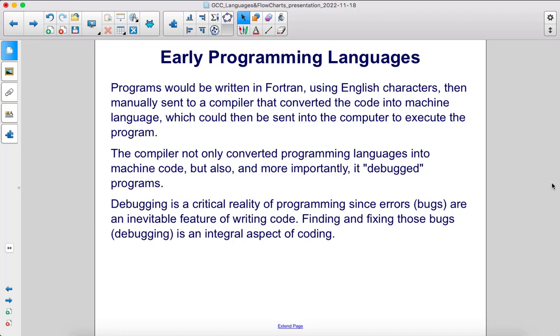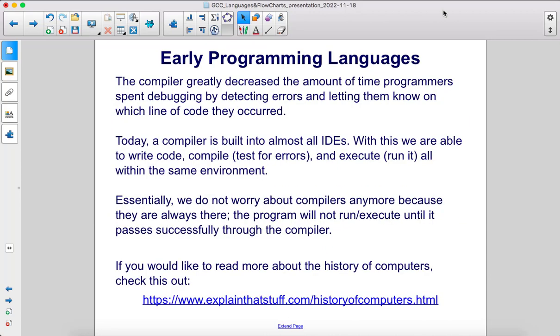Debugging is a critical reality of programming since errors, or bugs, are an inevitable feature of writing code. Finding and fixing those bugs, also known as debugging, is an integral aspect of coding. The compiler greatly decreased the amount of time programmers spent debugging by detecting errors and letting them know on which line of code they occurred.